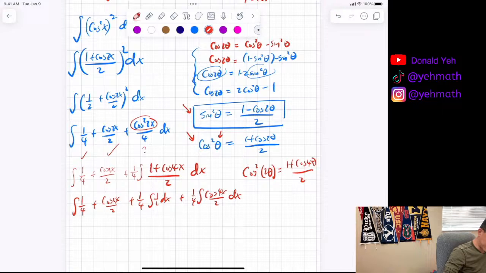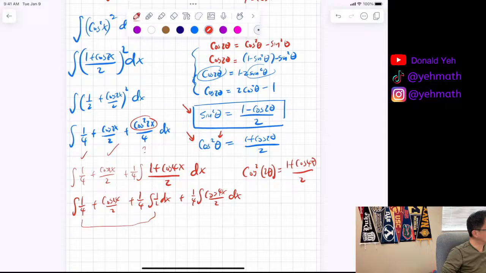So can I just add this is a 1/2, this is a 1/2. 1/4 and 1/8 is what? 1/4 plus 1/8 is what? 3/16.